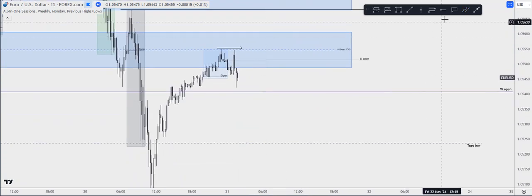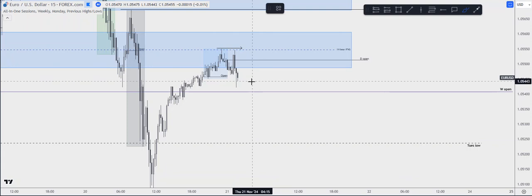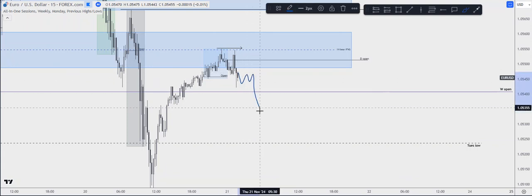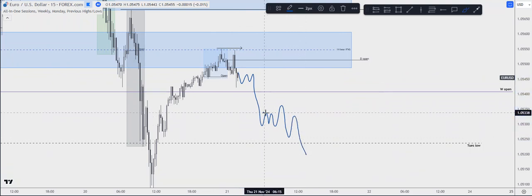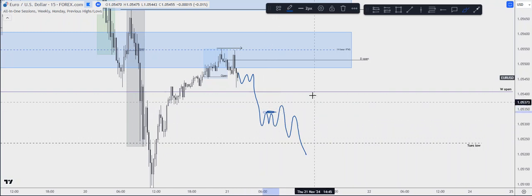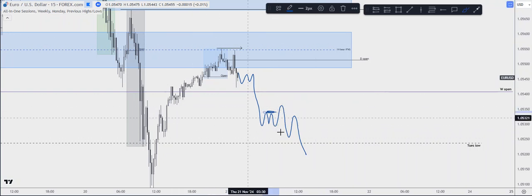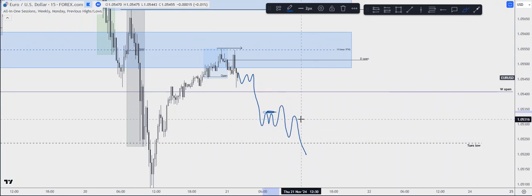Or the third option could be the price will just keep falling, create an internal liquidity in here, take that out, and that means that this scenario will isolate any kind of liquidity.